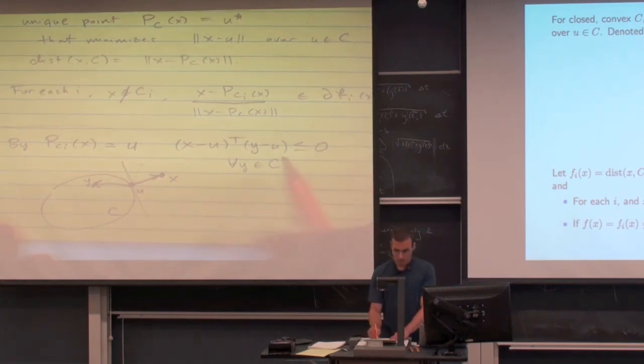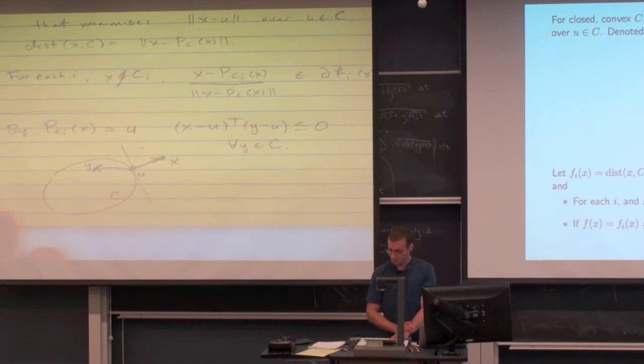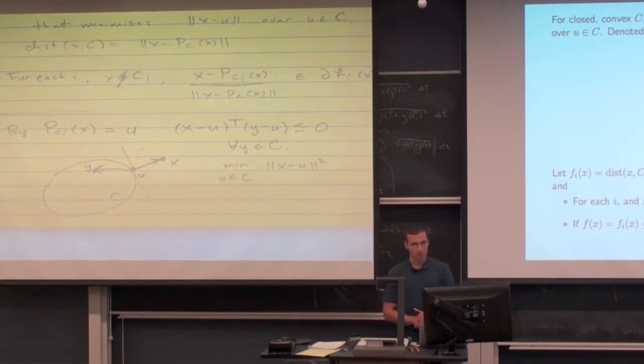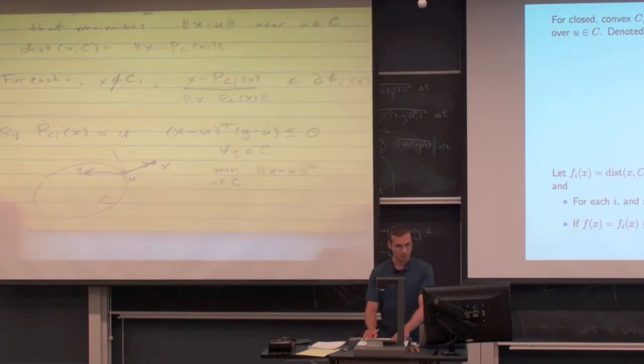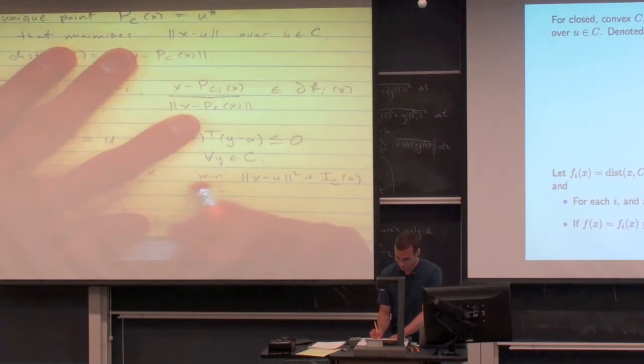Okay, so how do we get this inequality? How do we prove that? Well, let's just look at this function, the squared norm of x minus u. The projection of x onto C minimizes this function, so we can also write that with the indicator function of C of u, and get rid of the constraint.